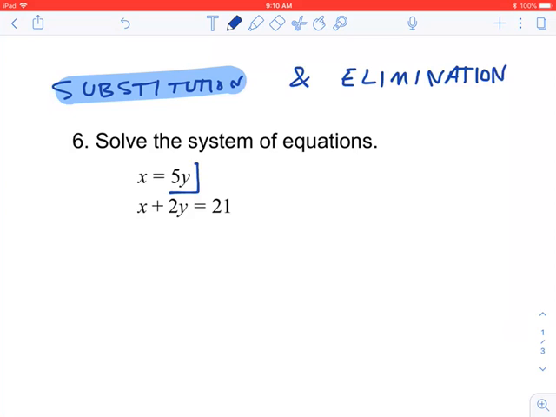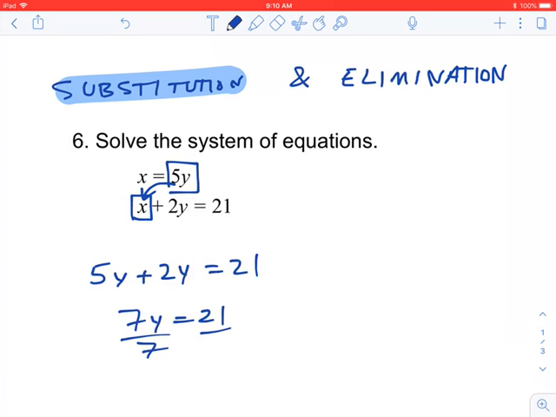So since x equals 5y, I'm going to replace 5y in the other equation. So instead of x plus 2y, it's going to be 5y plus 2y equals 21. And so 5y plus 2y is 7y equals 21. Divide by 7, I get y equals 3.